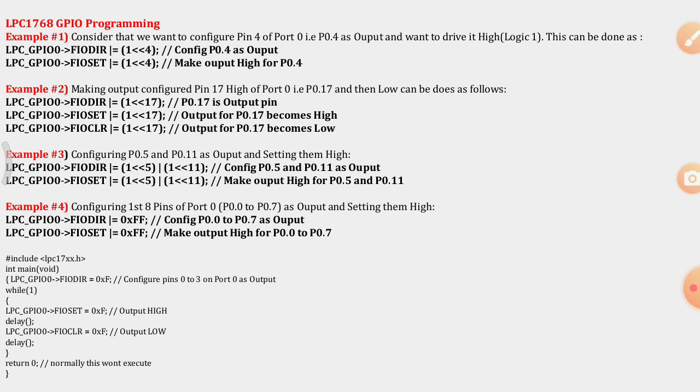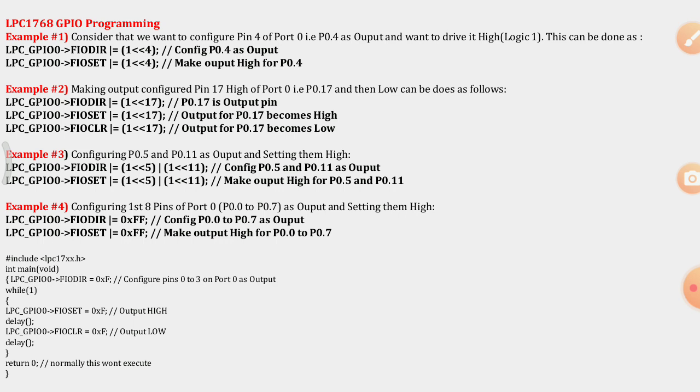LPC_GPIO0 FIODIR equal to 0xF, which means port 0 direction equal to 0xF. F is a total of 4 pins from the beginning, P0.0, P0.1, P0.2, P0.3, pins 0 to 3.